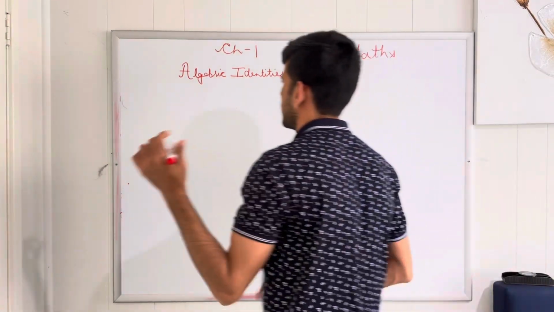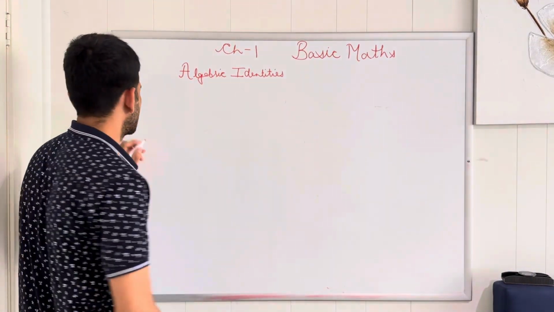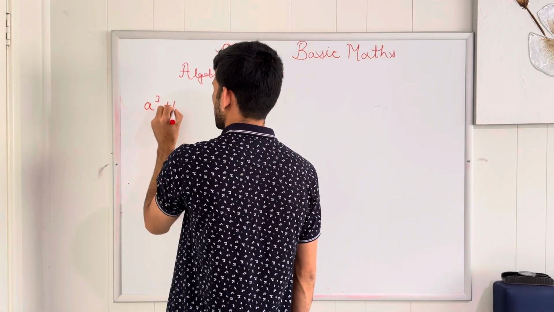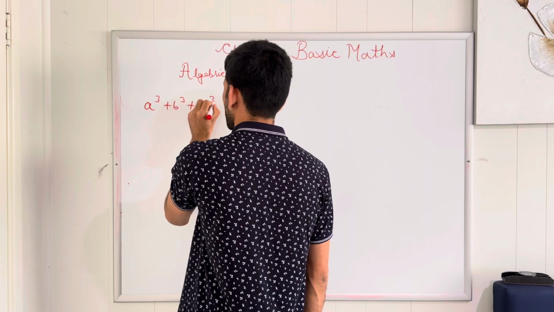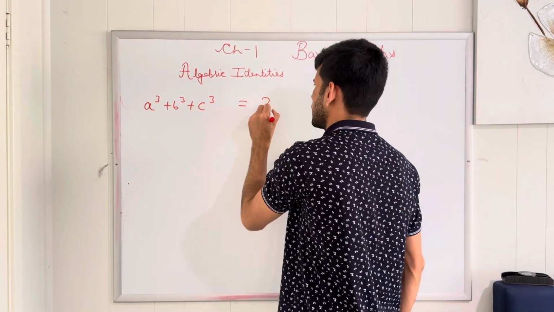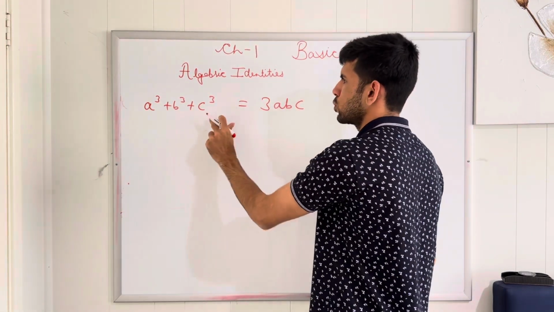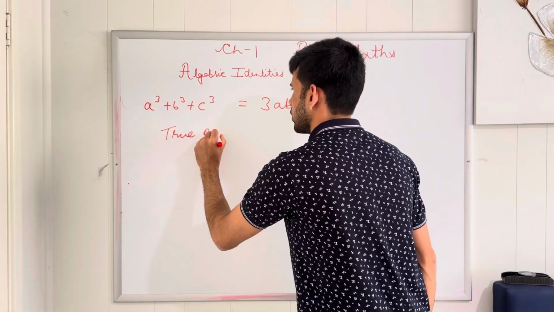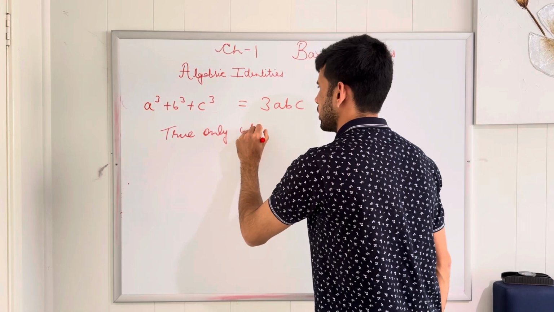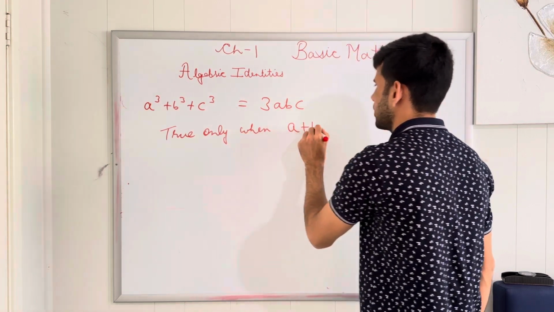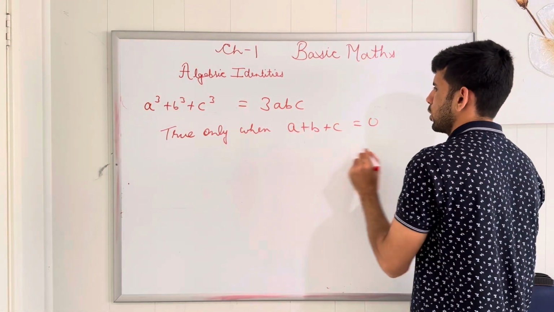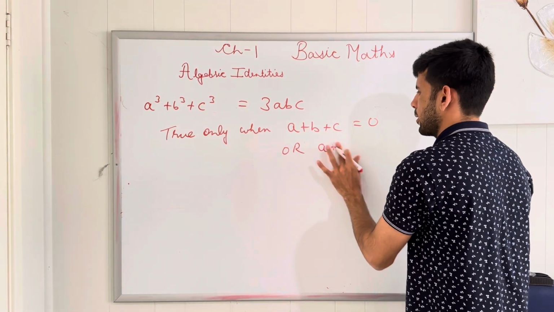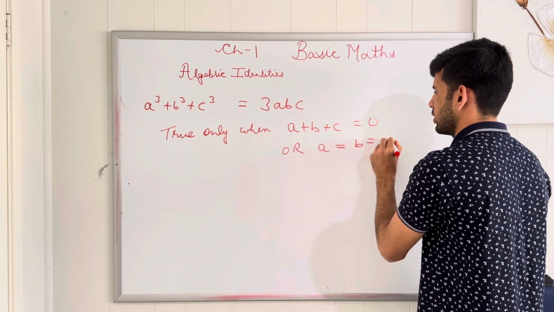So the next one is a conditional identity. You can say it as a conditional identity. This one says a cube plus b cube plus c cube is equal to 3abc. This is true only when a + b + c equals 0, or a equals b equals c.